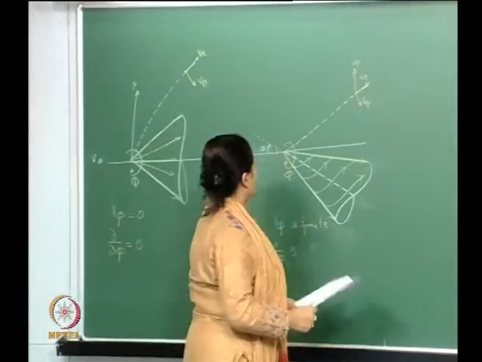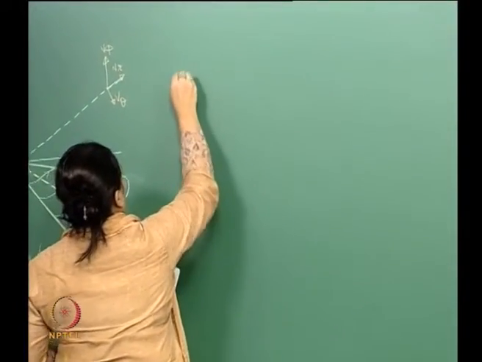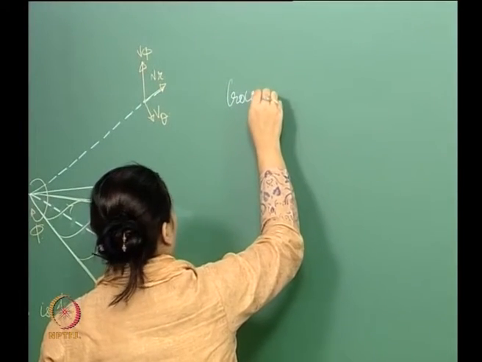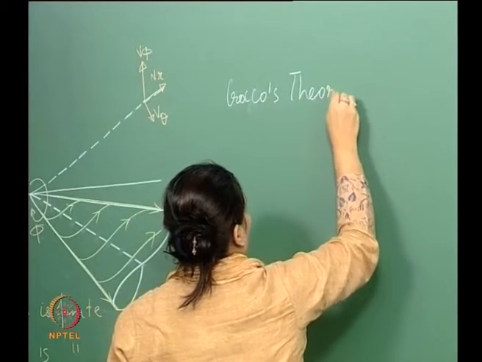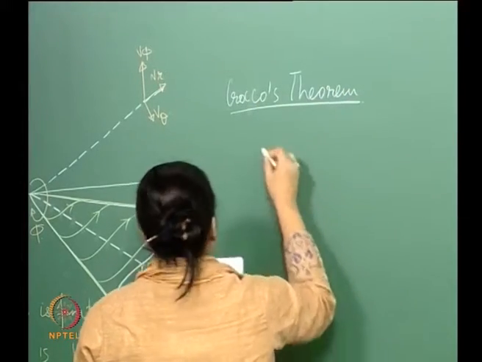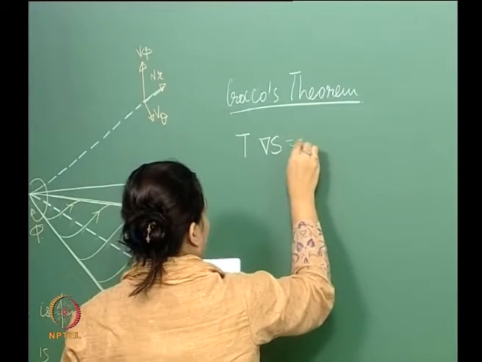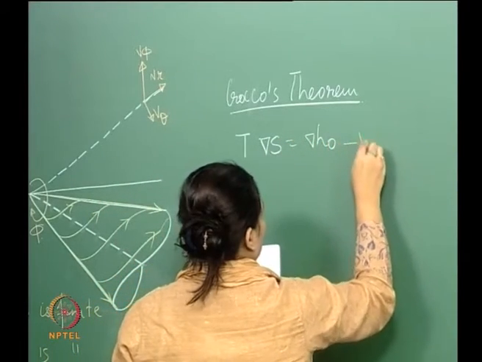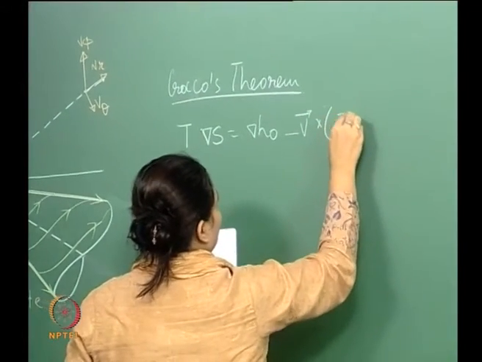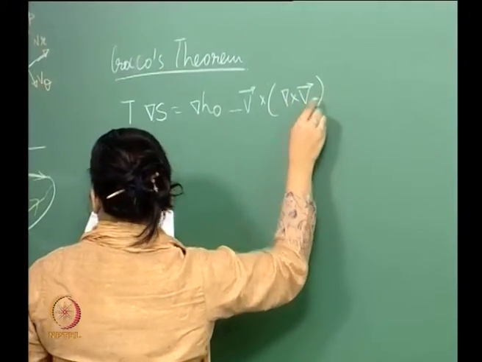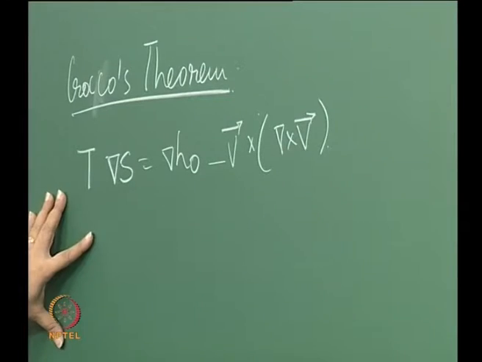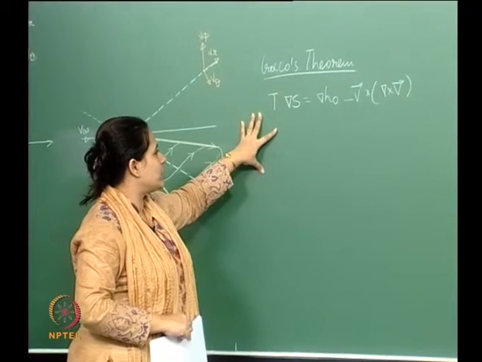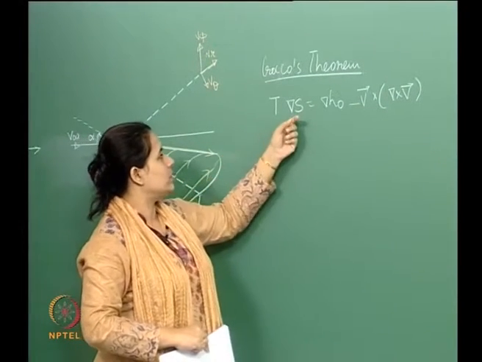So, this was our Crocco's theorem, and we considered adiabatic and inviscid flow, as a result of which our delta S was isentropic.